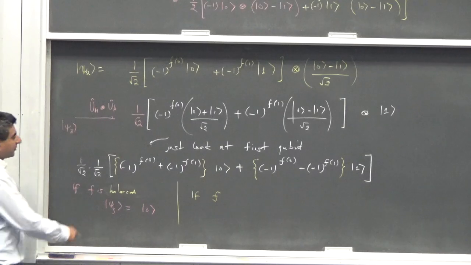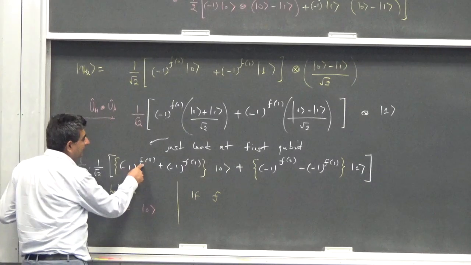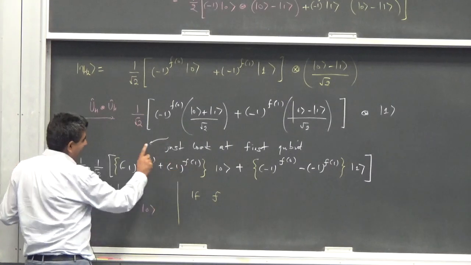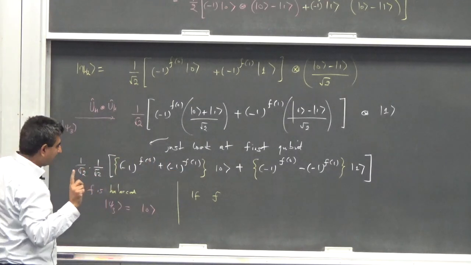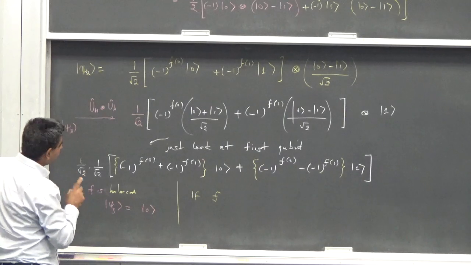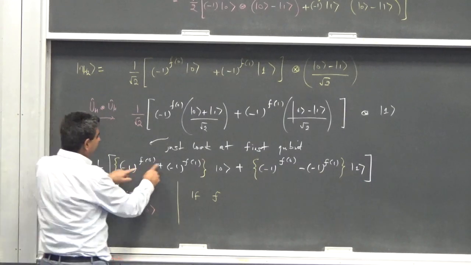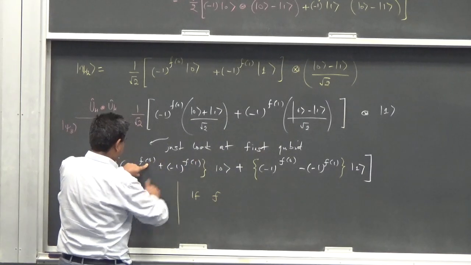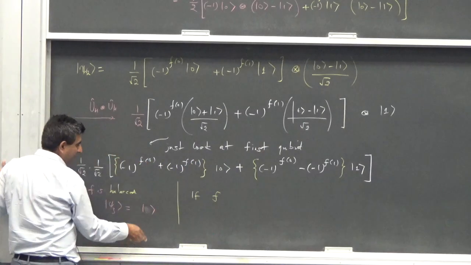If f's are different, suppose this is 0, this is 1. Right, just alright, just a minute. If f is balanced, which means that these two things are opposite, so this will be negative. So we'll be left with ket 1.